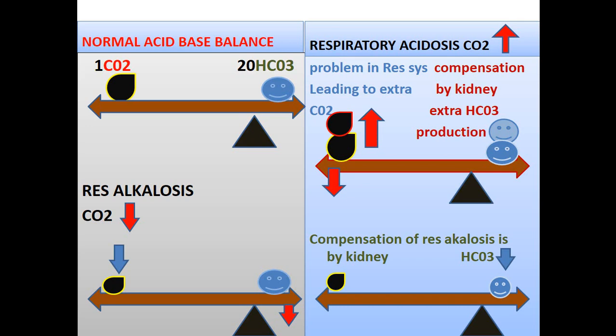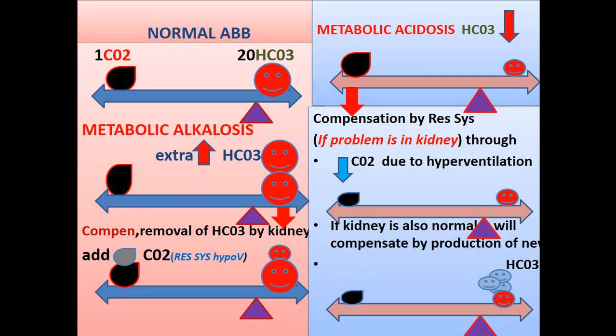Let's see the next diagram. Here again there is a normal diagram. This is a normal one unit against 20 units. This is the normal presence in the body. Now what happens in metabolic acidosis? Whenever your respiratory system is normal and still you have acidosis, that means extra hydrogen is produced in your body.